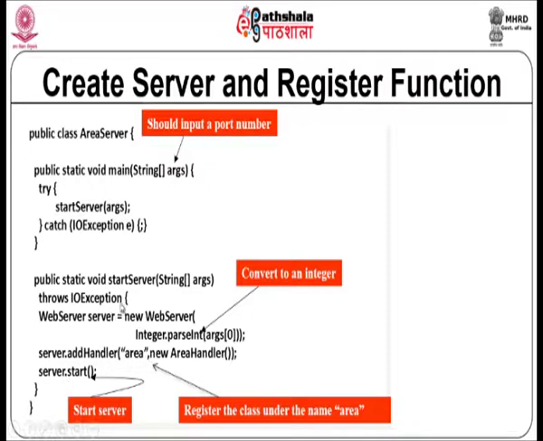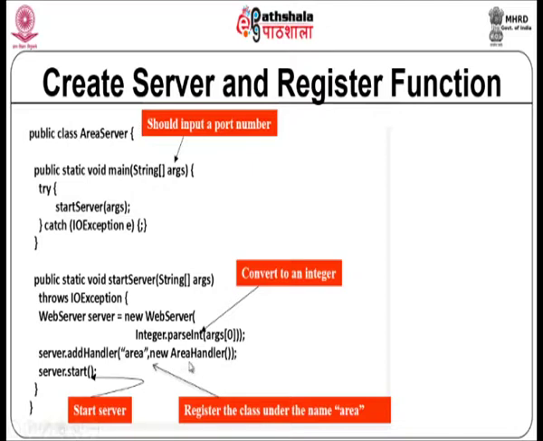Here, on the web server we use a method called addHandler. The addHandler method creates an instance of the AreaHandler. So, what is AreaHandler? AreaHandler is a class which has the function that calculates the area of the circle.